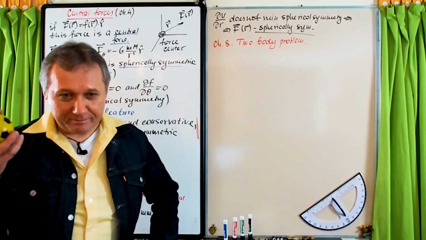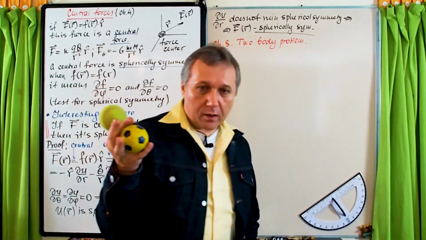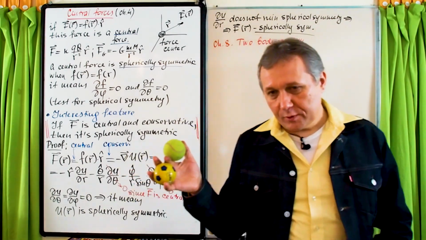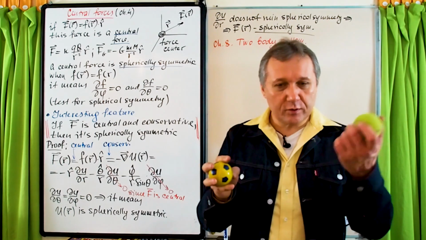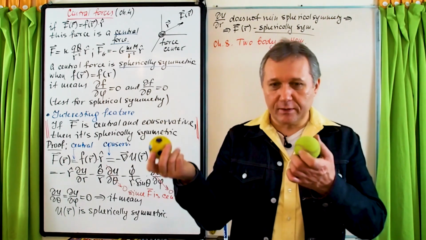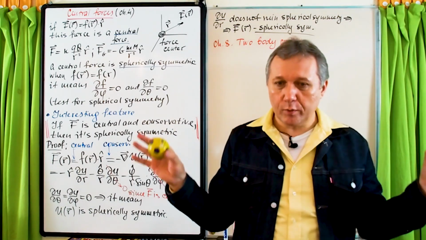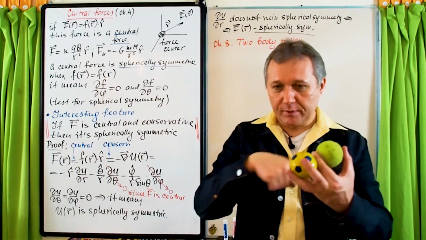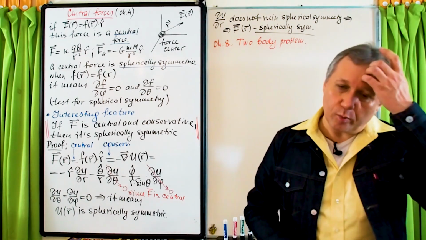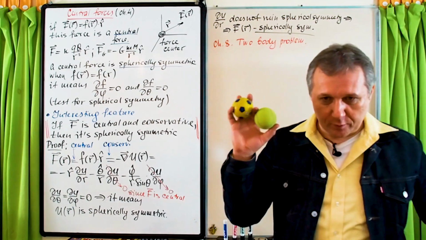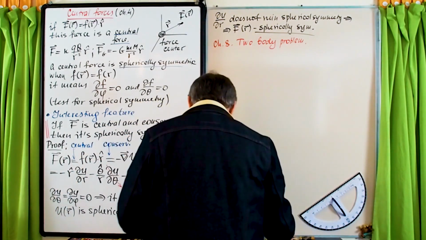Two masses, M1 and M2, that are isolated. They move under the influence of each other. This object exerts force on this one, and this one exerts force on that one, and then they move somehow. Again, no external forces. There are no other objects in the universe. So, two isolated masses.